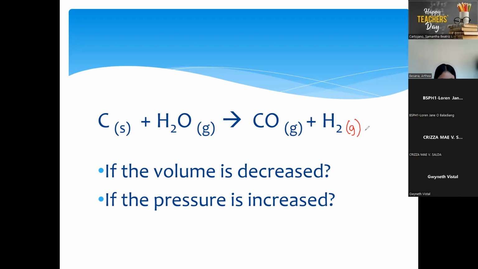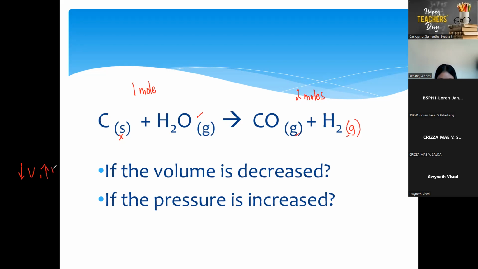Okay? Sige. What is the condition here? The volume is decreased. So let's count the number of moles. This is not counted since that is solid. So this is counted here. You only have 1 mole or 1 molecule here. On the other side, this is a gas. So that's 1. And this is also a gas. So you have 2 moles here on the product side. Now what happened here? The volume is decreased.